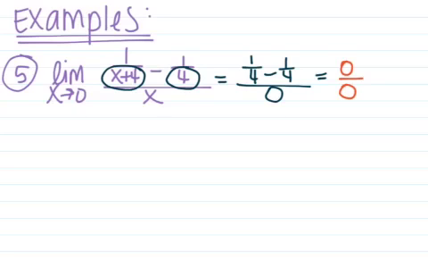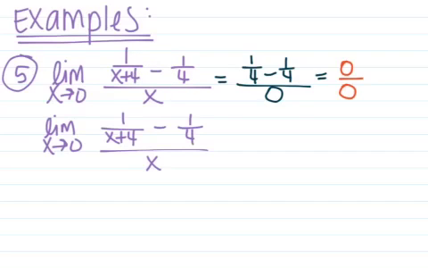I don't want you to think cross multiplication because that's not what this is, but you can flip-flop the denominator with the numerators to figure out what to multiply by to get that one giant denominator. So in the first fraction, we're missing that 4, so we're going to multiply by 4 over here. And in the second fraction, we're missing that x plus 4, so we're going to multiply by that on the top and bottom.